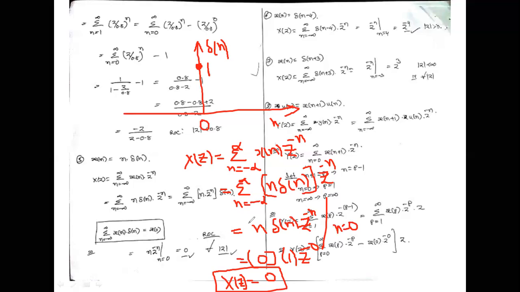If it is delta of n, the value is 1 because there is no n multiplied. x of n is equal to delta of n, and the transformation becomes 1. It is also a finite value only. Here also the ROC is the entire z-plane. Got it?